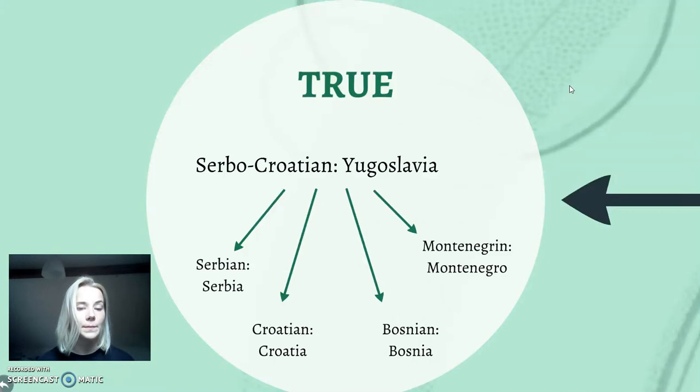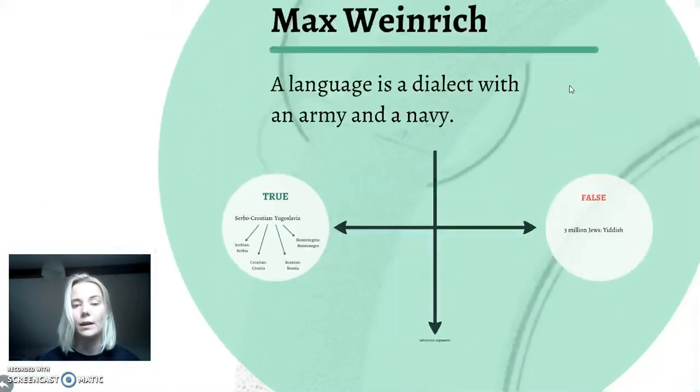Now, when Yugoslavia split up into Serbia, Croatia, Bosnia, and Montenegro, they adjusted their languages. And these languages basically are dialects of the previous Serbo-Croatian, and they now all have their own army and navy. So it is true in this case.